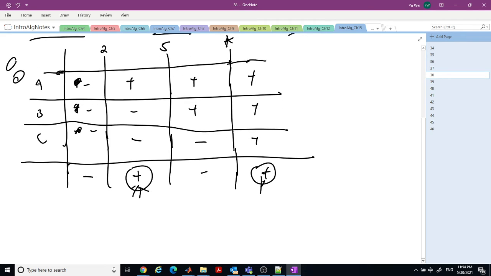Now this is case 1. Now let's see case 2. If k equals 2, then we have (x minus 2) squared times (x minus 5).